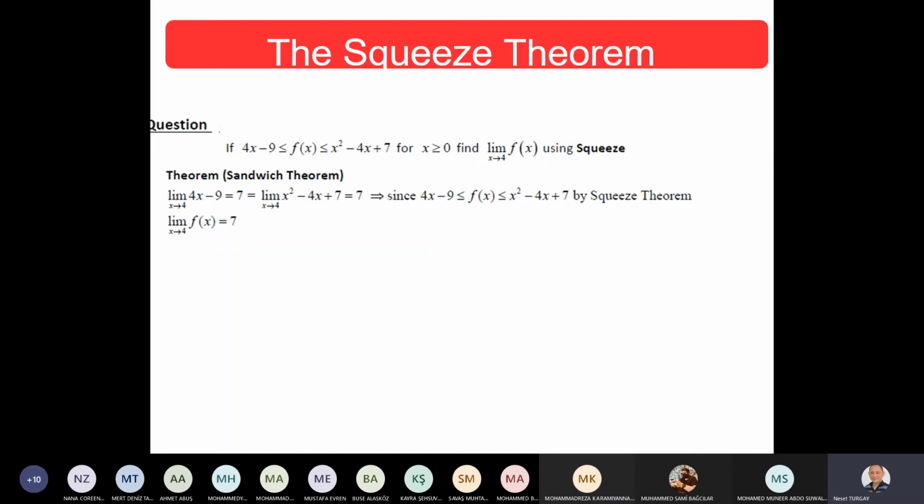Now, can you see that we don't know what f of x is? And the question is asking us for the limit of f of x. We don't know f of x. But what we know is that 4x minus 9 is smaller or equal to f of x is smaller or equal to x squared minus 4x plus 7.